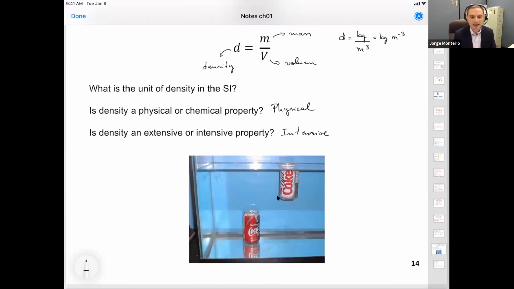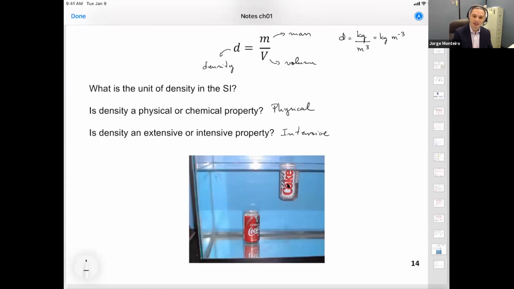All right, and so you can actually do this experiment. Fill a bucket with water. If you have regular Coke, it will sink to the bottom, and Diet Coke will float on the surface of the water. So why do you observe that? The can has the same volume. However, regular Coke has sugar added, right?